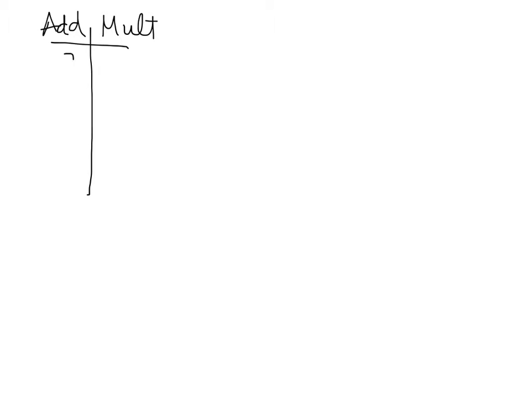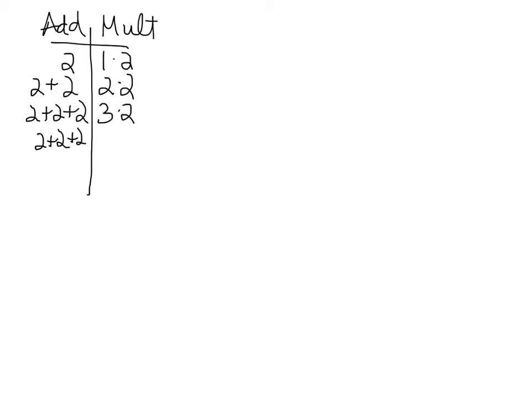If I have the number 2, that's the same as saying 1 times 2. If I say 2 plus 2, that's the same as 2 times 2. If I say 2 plus 2 plus 2, that's the same as 3 times 2. This is true no matter what I plug in. I mean, always, this is 4 times 2.